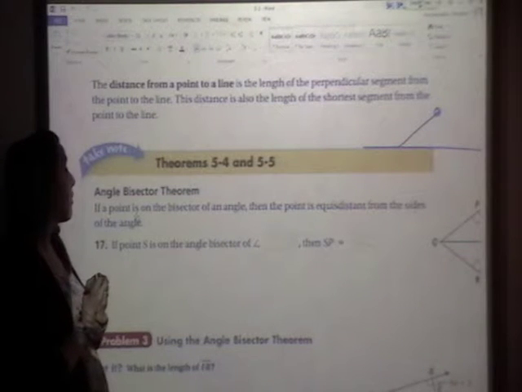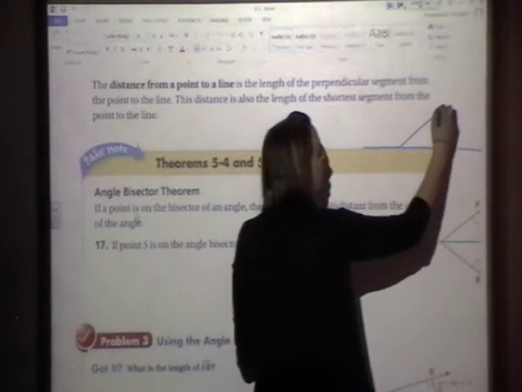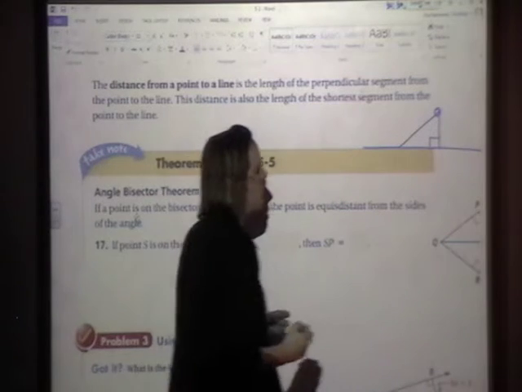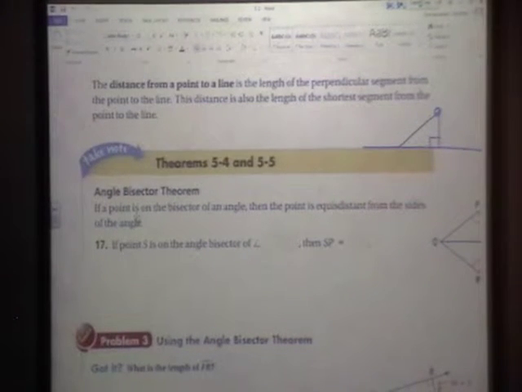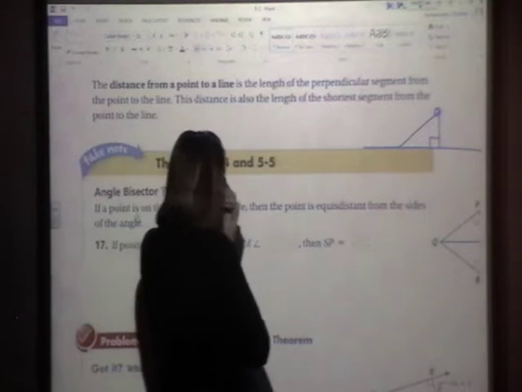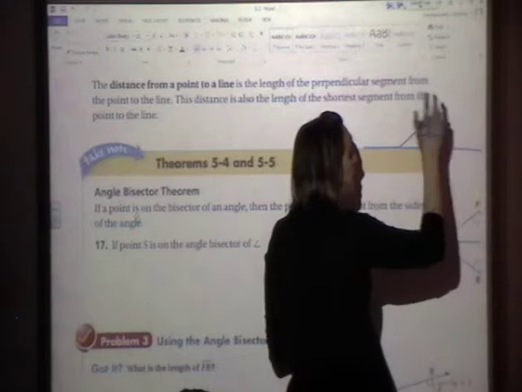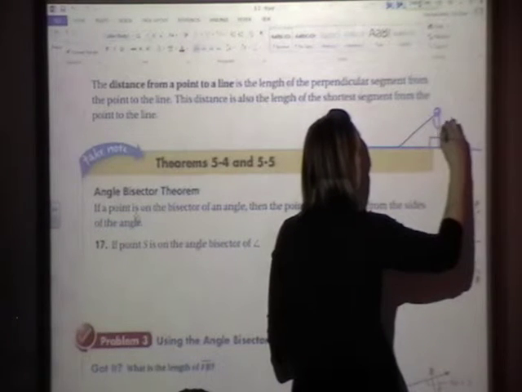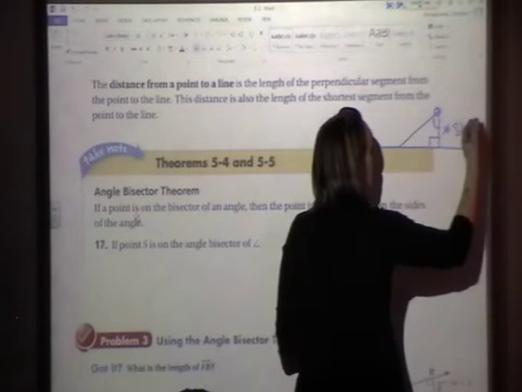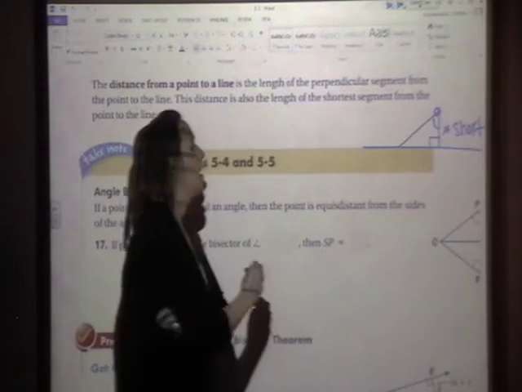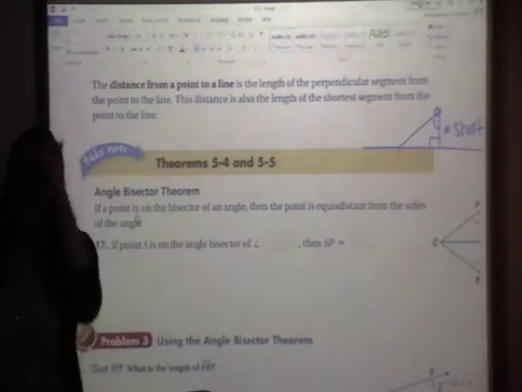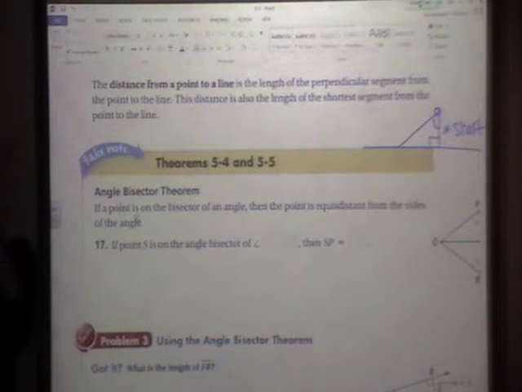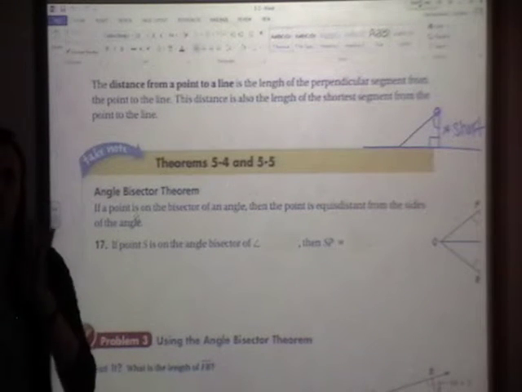So we can go with the perpendicular, which is also what's considered the shortest segment. They're just saying if you have a point and a line, the perpendicular segment is what's considered your shortest segment.